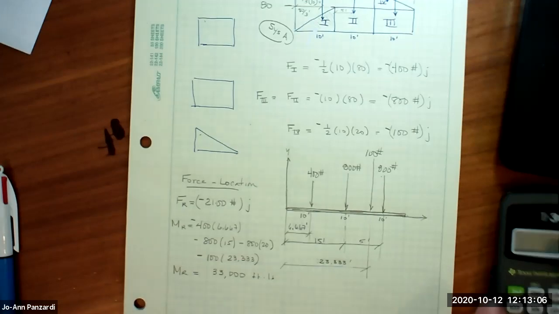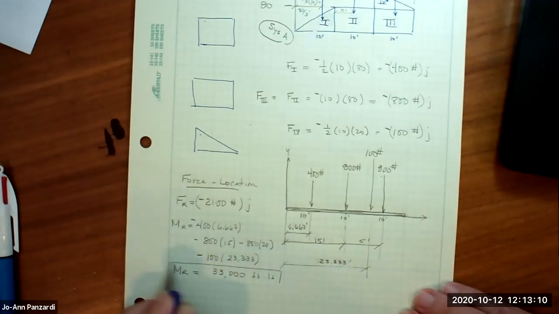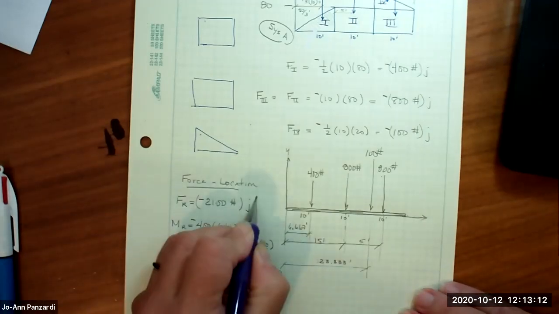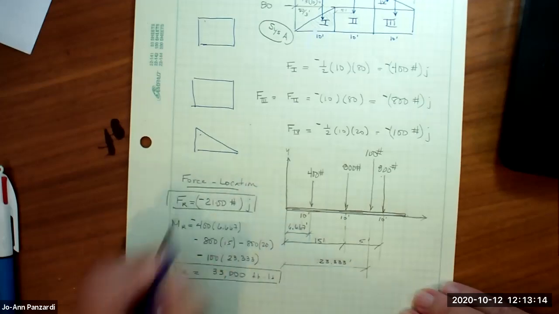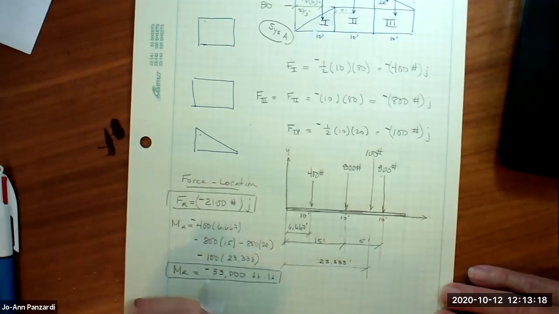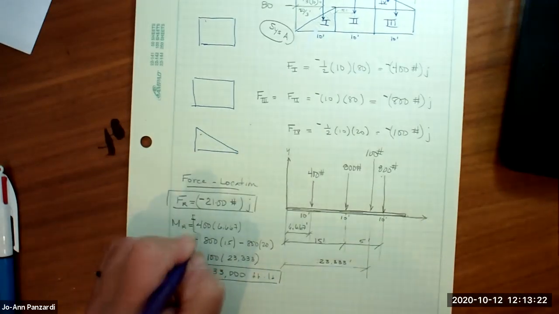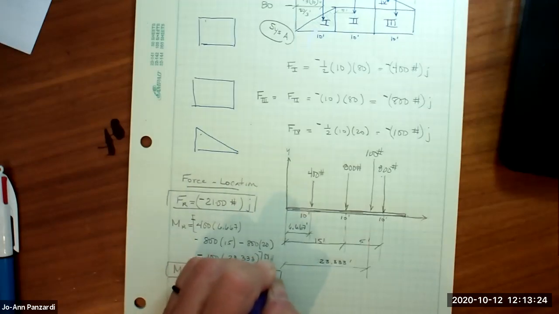Yep, I got 33,000. So we found out what the resultant moment is, and we found out what the resultant force is. What about the moment? It's creating a negative moment, right? I have to make sure I have my negative in there. Okay. All this was foot-pounds.